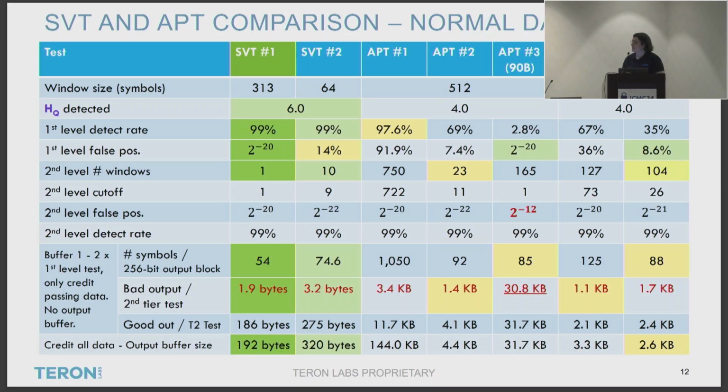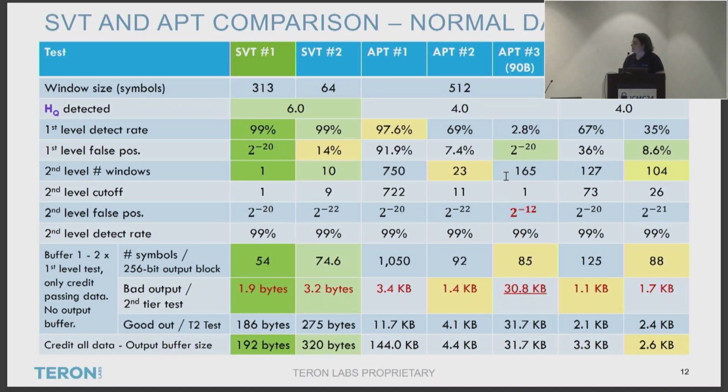I also tried the APT with a smaller window size, so I picked 64 for the smaller window, and I just tried to get a couple of tests with a good separation between the detection rate and the false positive rate. So here we've got 67 versus 36% and 35% versus 8%.